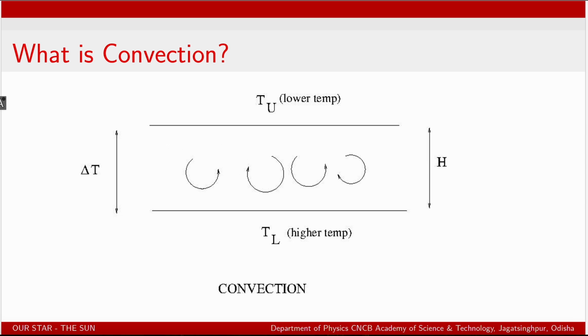The fluid is moving in such rolls. Here also a similar thing. The fluid is coming down, going up, coming up, going down. This is convection. And in the next slide we will study it in greater detail.